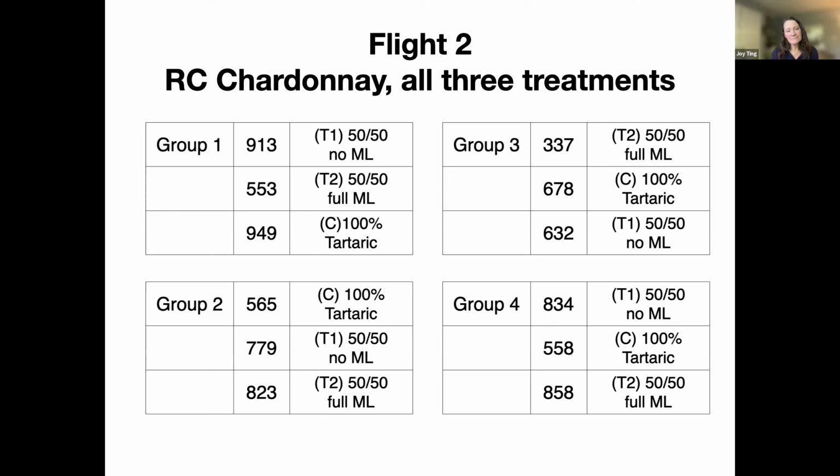Treatment number 1 in my labeling system got 50-50 between tartaric and malic, and it did not go through malolactic. And then treatment number 2 got 50-50 of an acid add and did go through full malolactic. So I'll show those to you multiple times, so hopefully you'll be able to always figure out which one is in front of you.